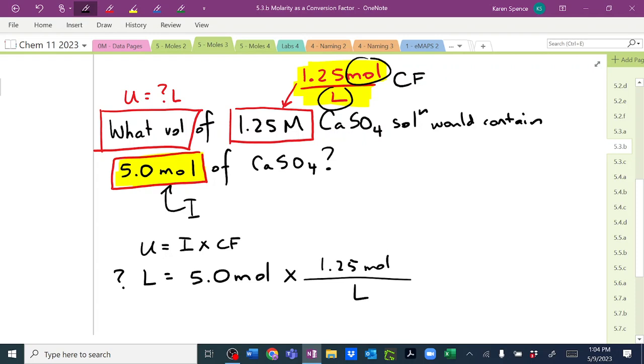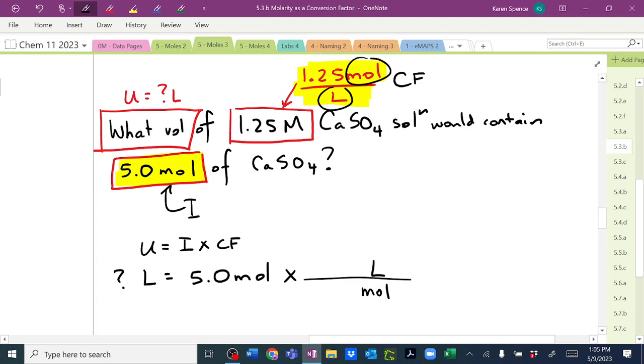Why is it wrong if I do this? The moles don't cancel. So that's why I encourage you to write your units in first. Write down what you need to cancel. What do we need to cancel? Moles. And what are we trying to find? Liters. So we want the liters on the top.